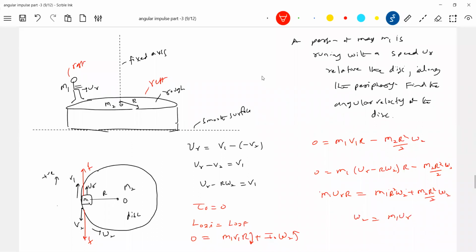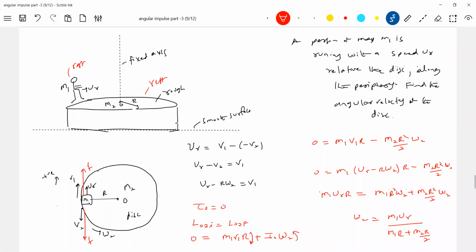So omega 2 equals M1 U R by (M1 R plus M2 R by 2). Fine, so this will be the angular velocity of the disk.